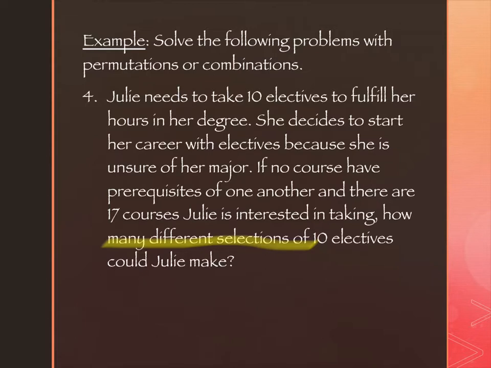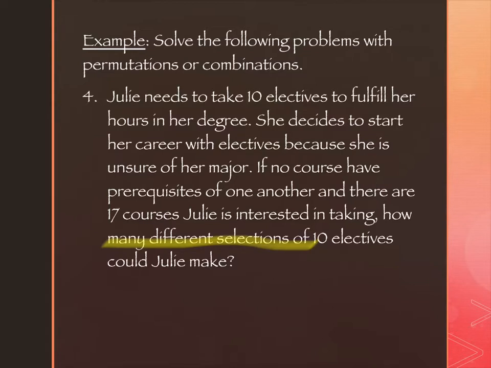There's nothing in here that says how many different ways they could be arranged in her schedule, right? There's nothing about taking it one semester versus another semester, anything like that. It's just the selection of courses that we're looking for, not how many ways we could take those courses. Now, Ben's point about there being no prerequisites is really important because that would cause lots of problems and it might not even allow us to use combinations or permutations if there were some prerequisites involved.